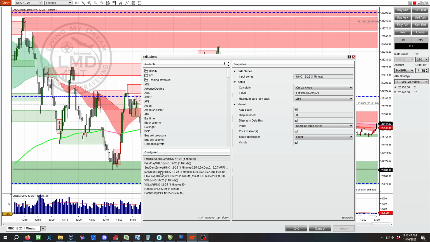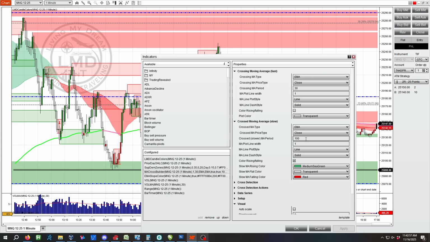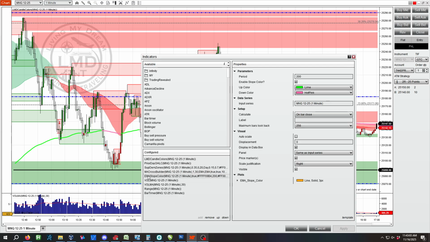I'll click that so we can see what it is. It's a 30 EMA fast and a 100 EMA slow crossover. EMA slope builder is one that I built. It's a 200 EMA, and that's the green and pink line that you see on my chart.